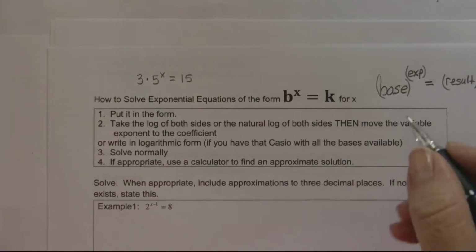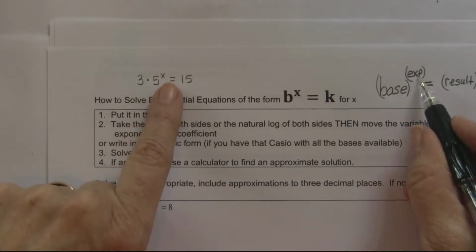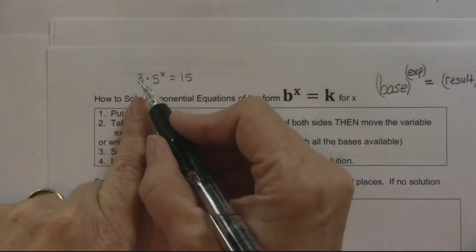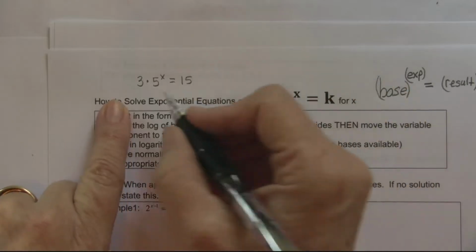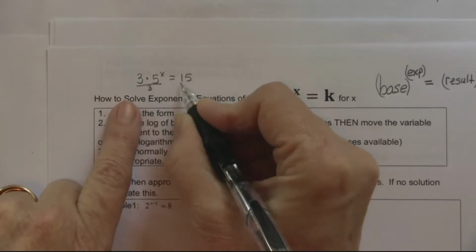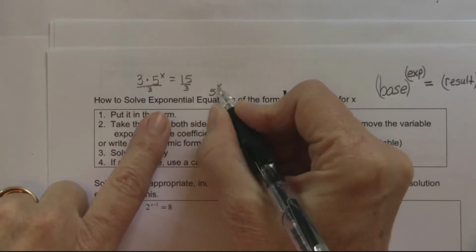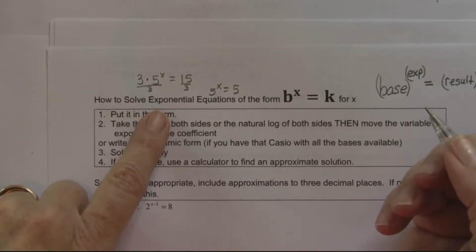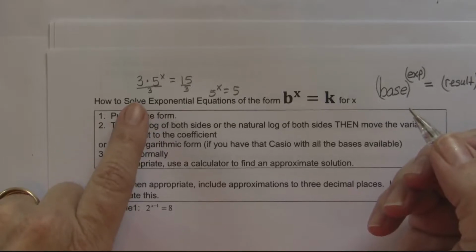That's not of the form, because it has the base, which is 5, the exponent, which is x, and the 15, which is the result, but this 3 is extra. So you need to get rid of the 3. Because it's multiplied by 3, you divide by 3. When I divide by 3, I get 5 to the x equals 5. I don't need anything more to solve this because I know that x is equal to 1.